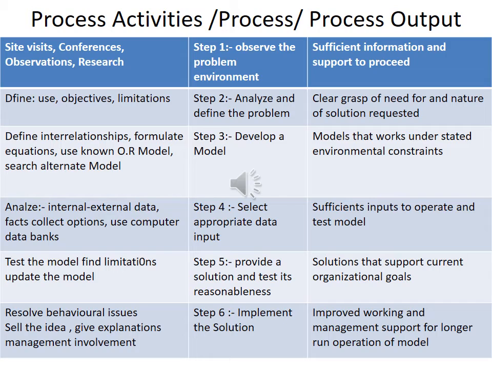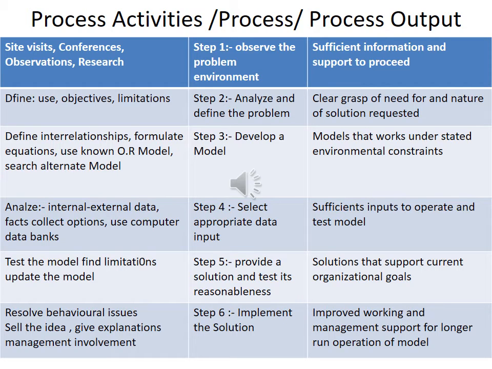If we go back to the stages or the process of operation research, the first stage is to define the problem. For defining the problem, we have to visit the site. If we are in a conference, then we have to be there. If we are observing something, then we have to be there.